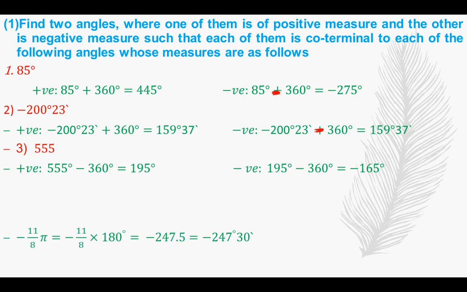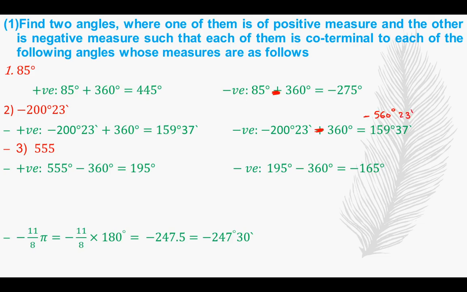I will write on my calculator, negative 200 degrees and 23 minutes minus 360. This equals negative 560 degrees and 23 minutes.